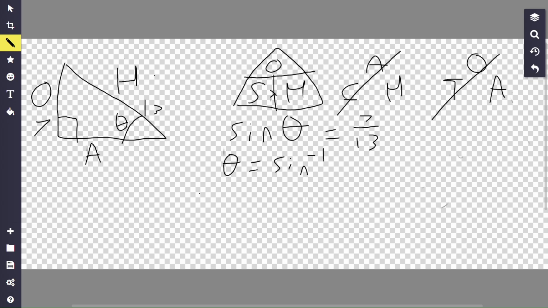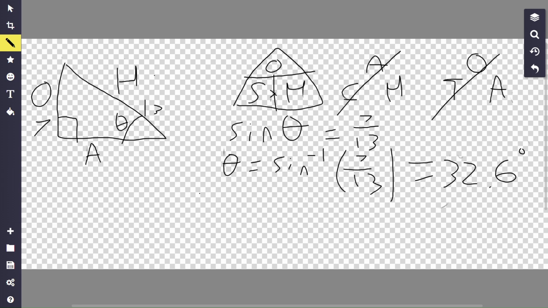It comes up with sine minus 1. And then put a fraction in there, 7 over 13, which equals 32.6 degrees. And that's our answer.